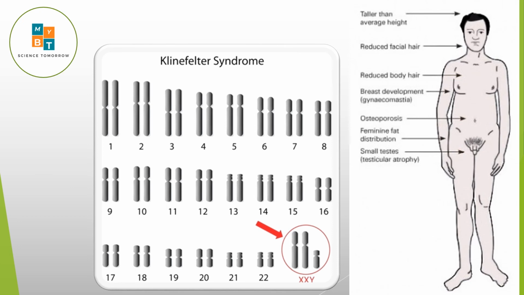Because they have the Y chromosome, they are males and have male sex organs, but they are sterile. They can't have their own children. The testes are small, they are taller, and they have enlarged breasts and some other female body characteristics. They have subnormal intelligence.